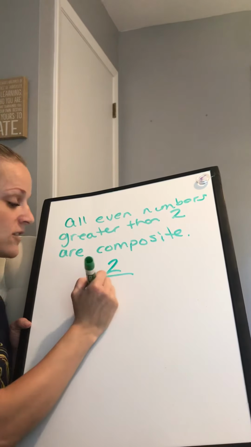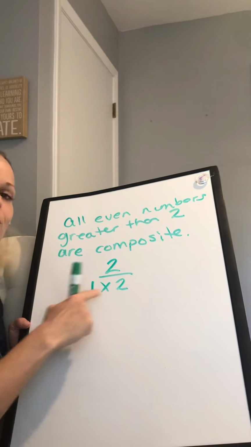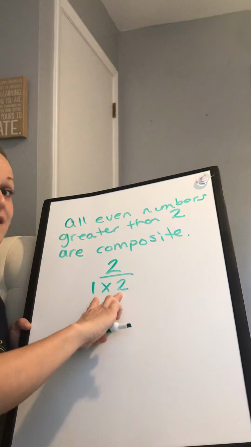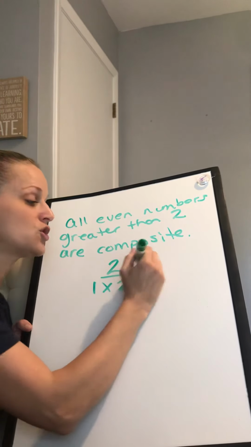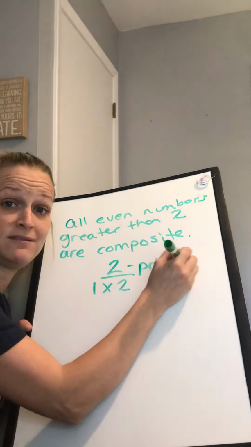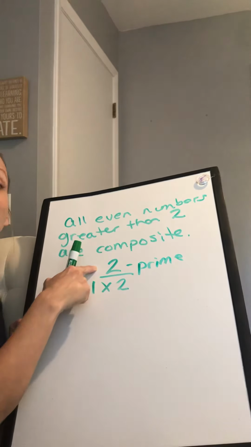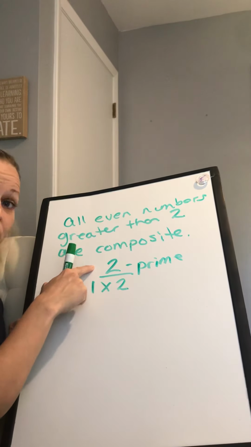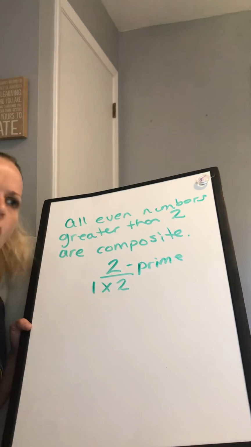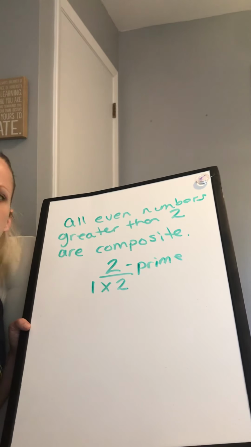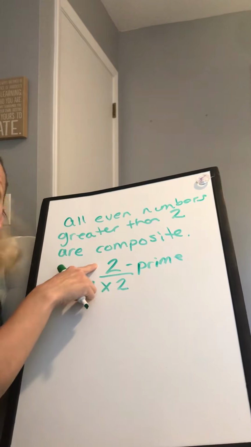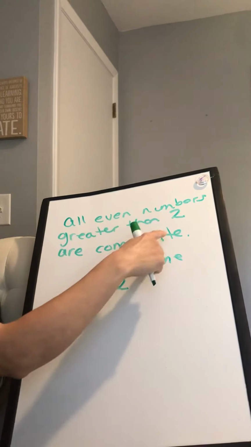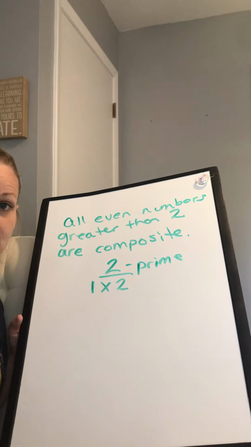Because if I find the factors of the number 2, only 1 times 2 gives me 2, which means there's exactly 2 factors, which makes the number 2 prime. 2 is the only even prime number. So 2 is an even prime number. So does that mean all prime numbers are odd? No, because 2 is an even number and it's prime. All even numbers greater than 2 are composite.